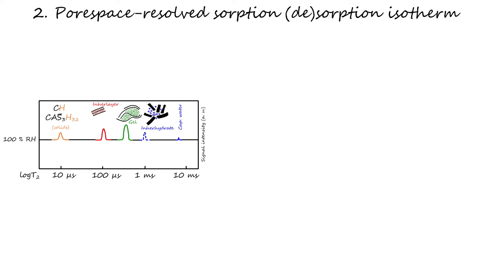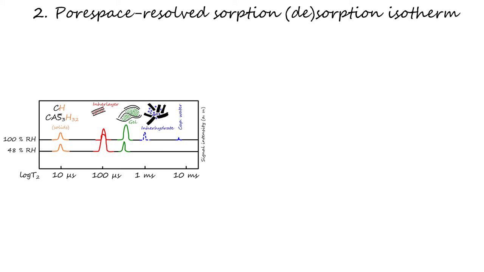When we perform a sorption experiment and take an NMR measurement at each equilibrium point, the spectrum changes. We now see the schematic of a spectrum of a sample dried from 100% relative humidity to 48%. The main observations are: first, the solid peak has not changed.